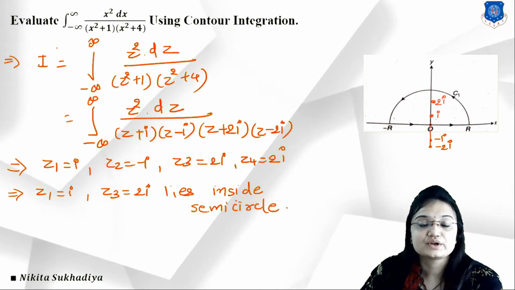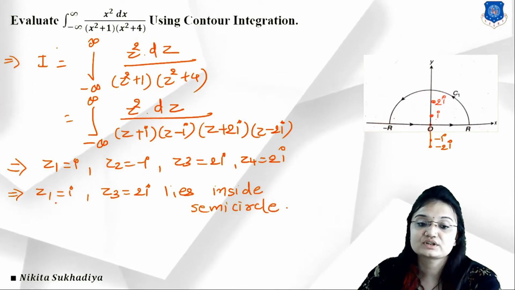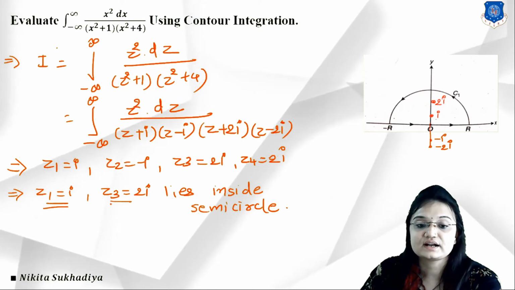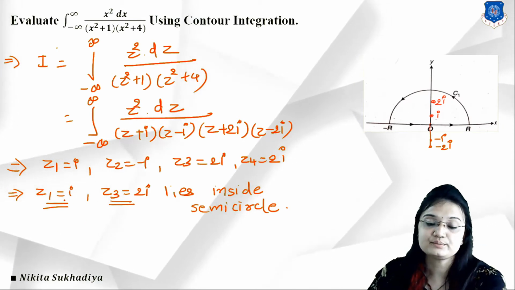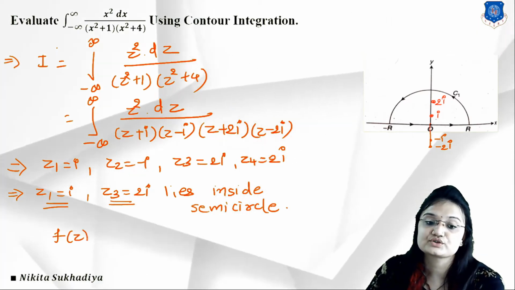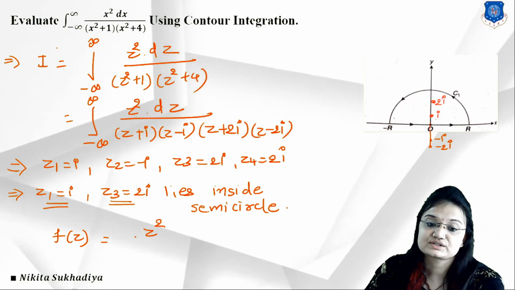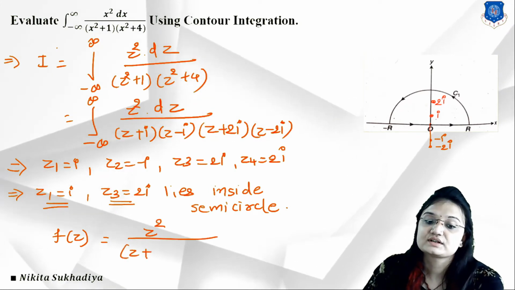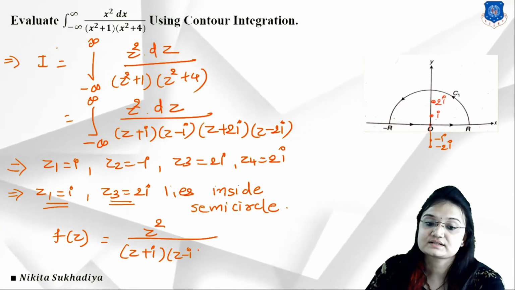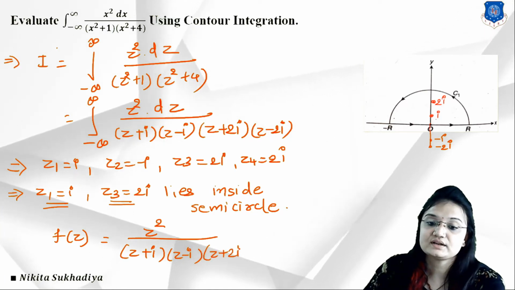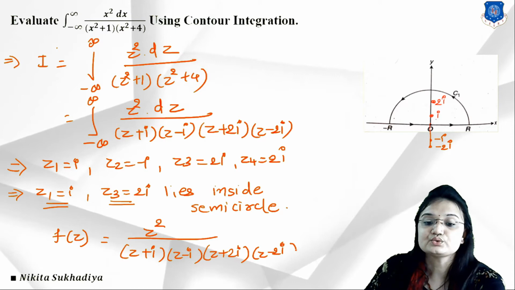Okay, so here we have to find the residue for these poles z equal to i and z3 equal to 2i. Okay, and here we have the function f(z), that is z square upon (z plus i)(z minus i)(z plus 2i) and (z minus 2i).